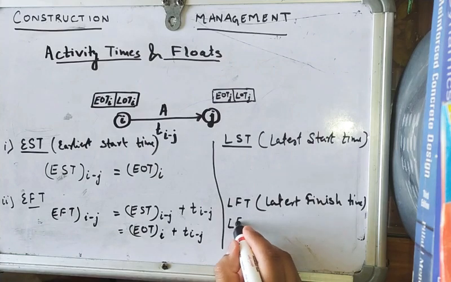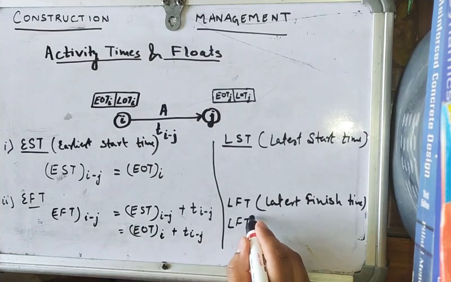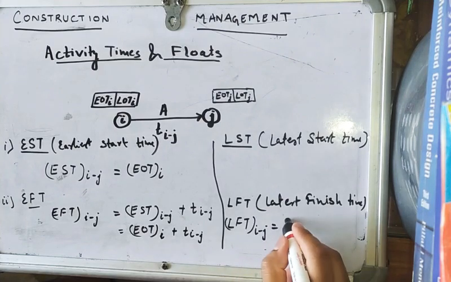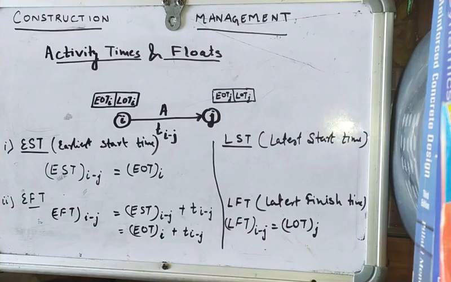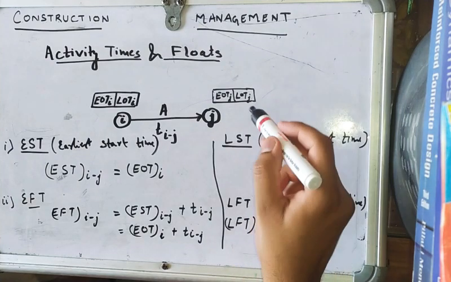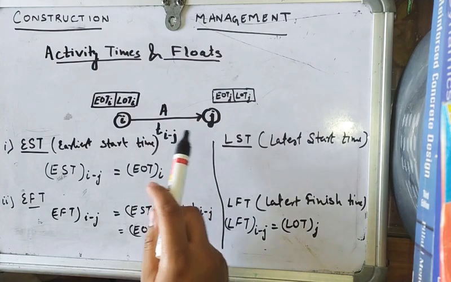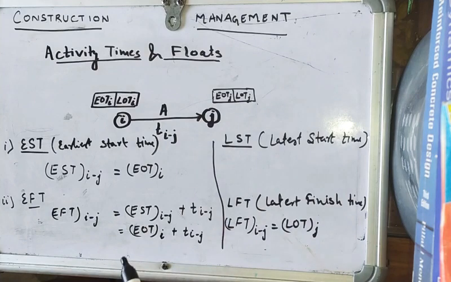So latest finish time for this activity ij will be equal to LOT j. This LOT of this event node j is the latest time by which this activity A can finish, because activity A cannot go beyond this latest occurrence time of this event. So this will be the latest finish time of this activity.